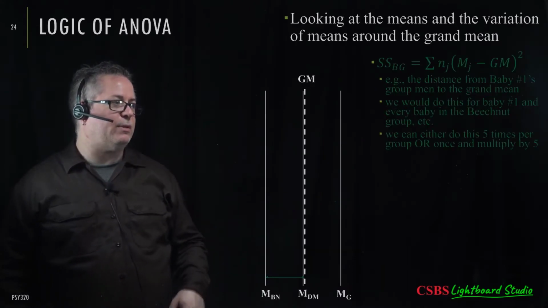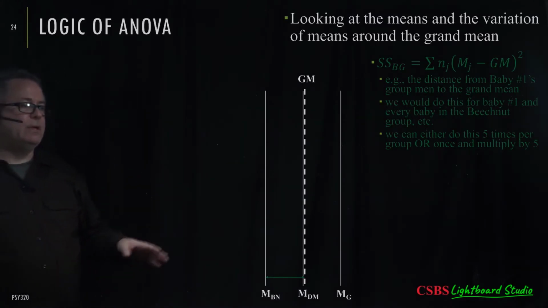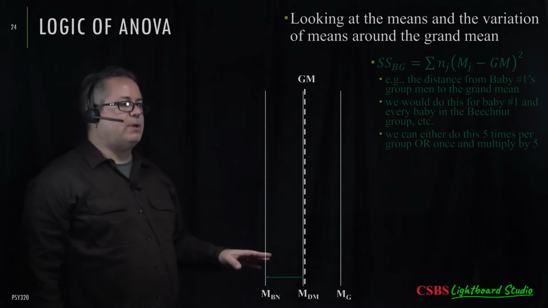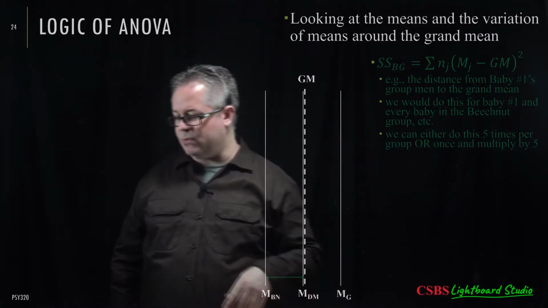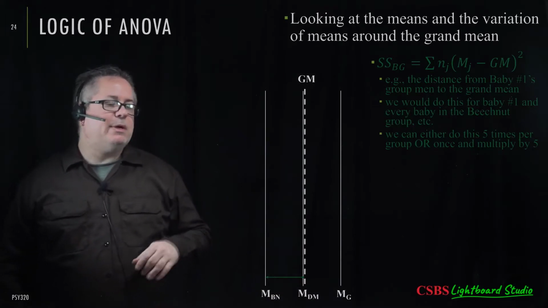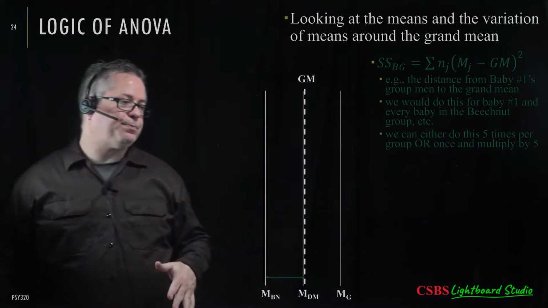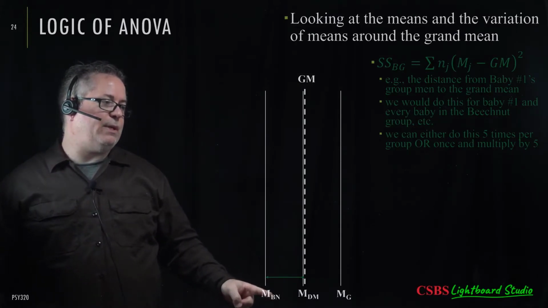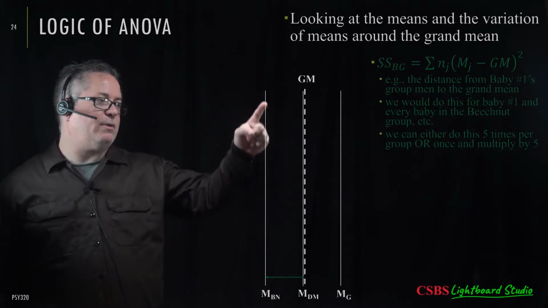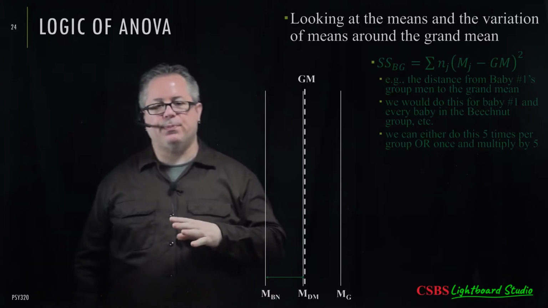Let's look at the means and the variations of means around the grand mean. These are the groups. If I'm looking at the group means from the grand mean, this is like the between-groups sum of squares. I'm ignoring the individual scores. What is interesting is this mean for Beechnut is the group that baby number 1 belongs to.